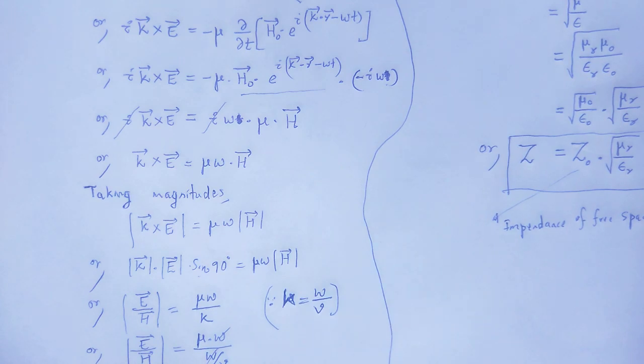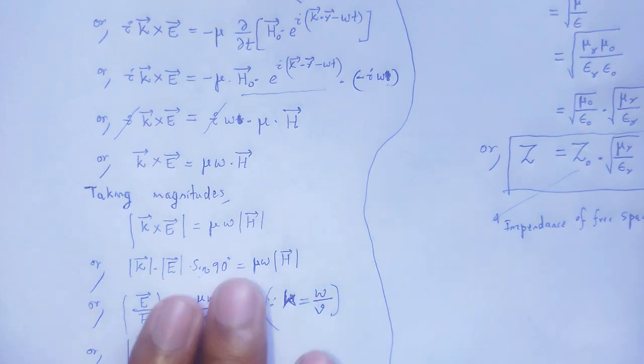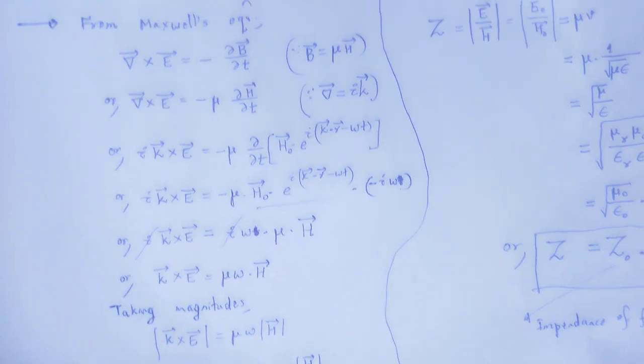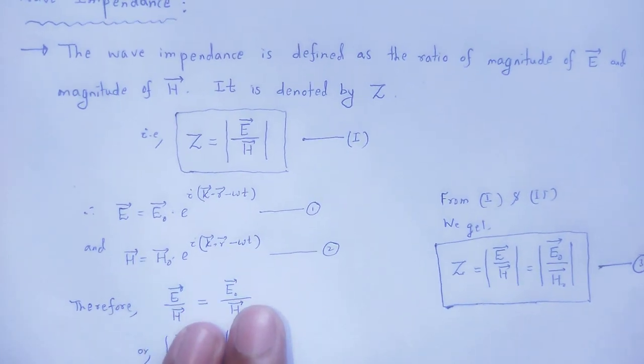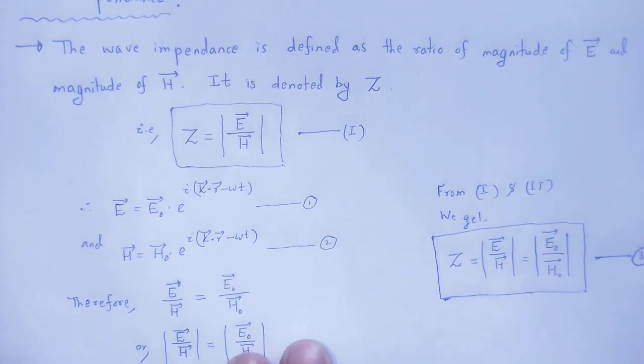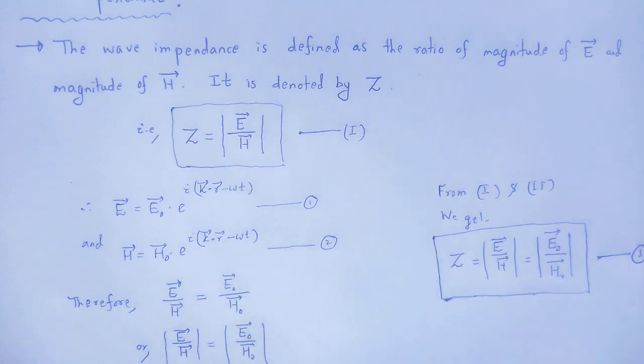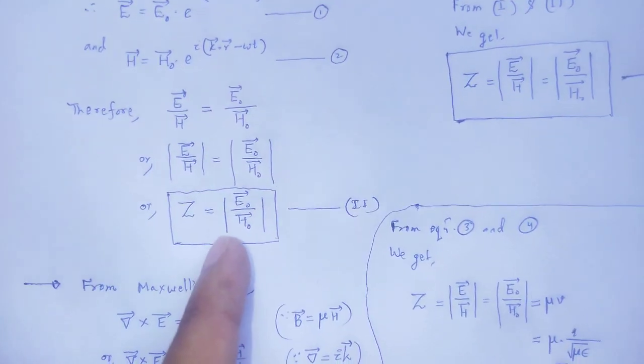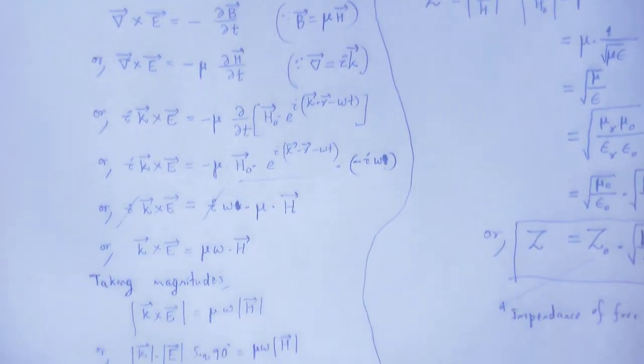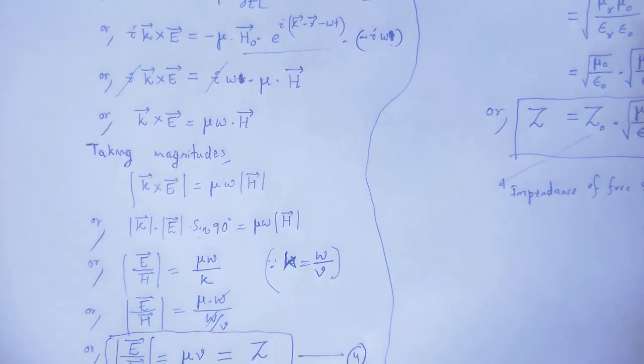In this way, we show the expressions for wave impedance for electromagnetic waves. First we define what is wave impedance, next another form in terms of this.